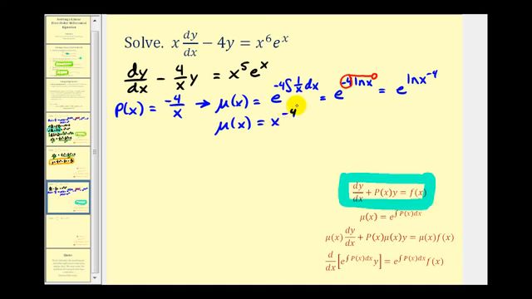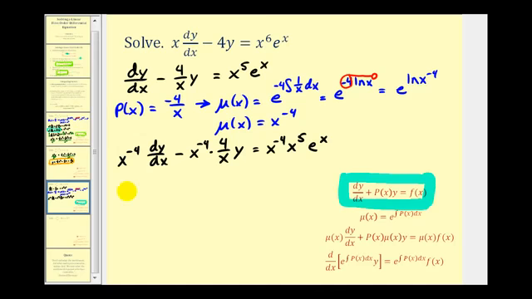So now we're going to multiply both sides of our differential equation here by x to the negative 4. So we'll have x to the negative 4 dy dx minus x to the negative 4 times 4 over x times y equals x to the negative 4 times x to the fifth e to the x.